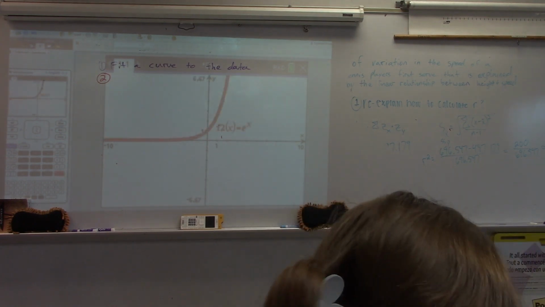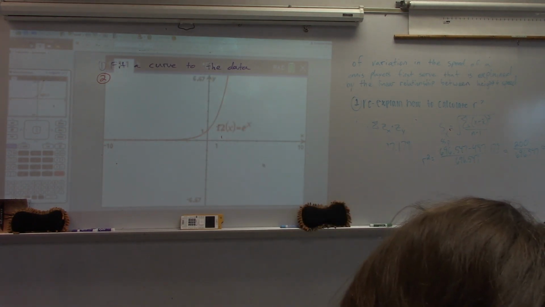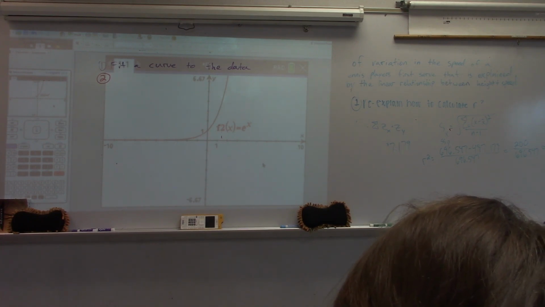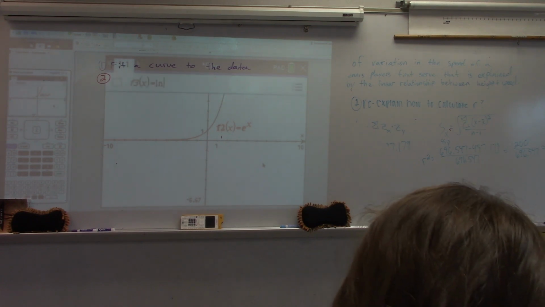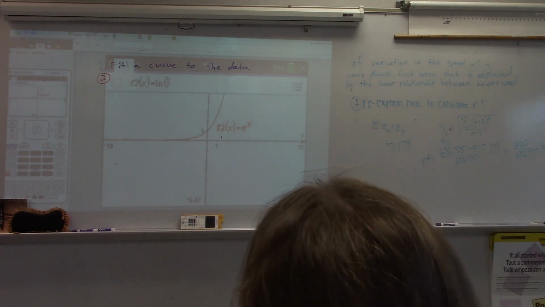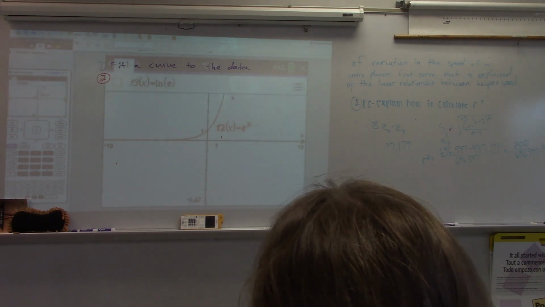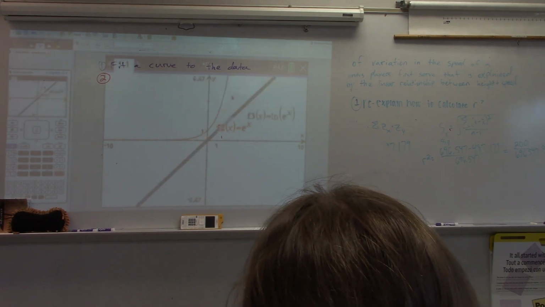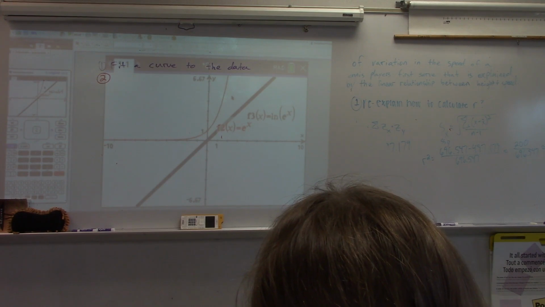E to the x. Now, does anyone remember what the inverse of e to the x is? The natural log of x. So what happens if I do the natural log of e to the x? What do I get? A straight line, I just get y equals x.